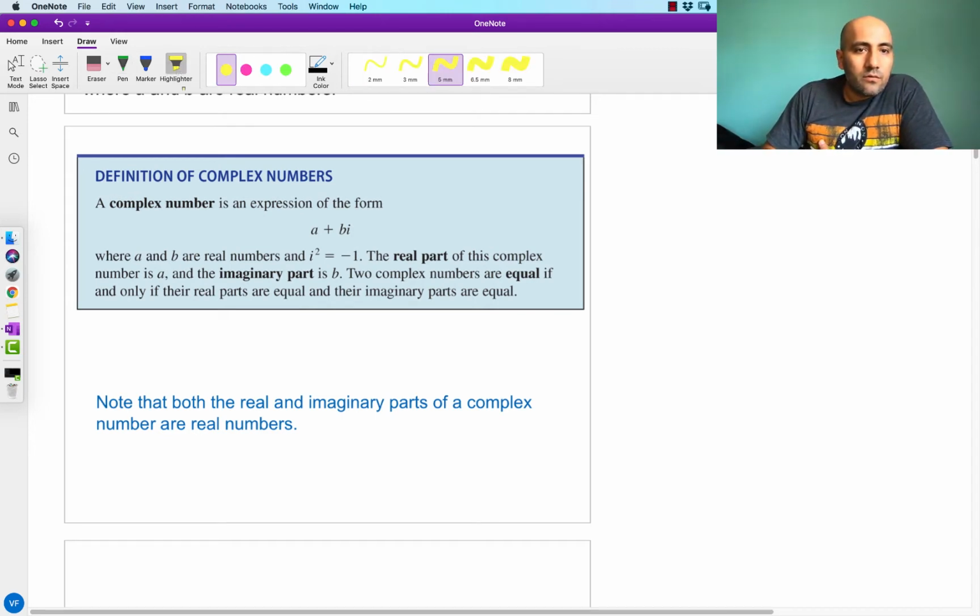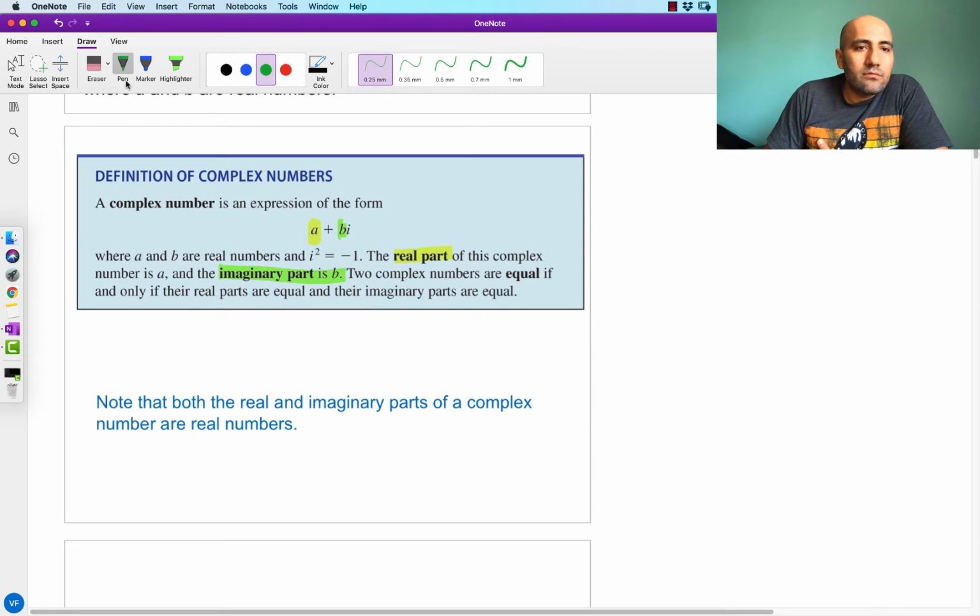Okay, so when you're given a complex number, the number out here in front is the real part, and then the imaginary part is the b, right? Just the b, not the bi, just the b. The b is the imaginary part of your complex number.